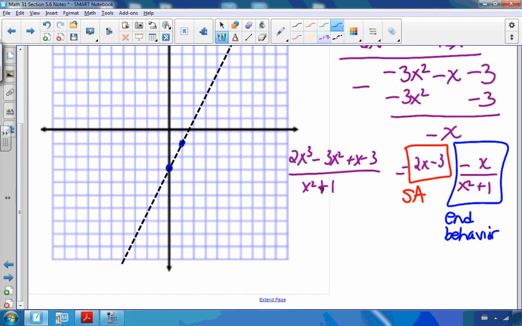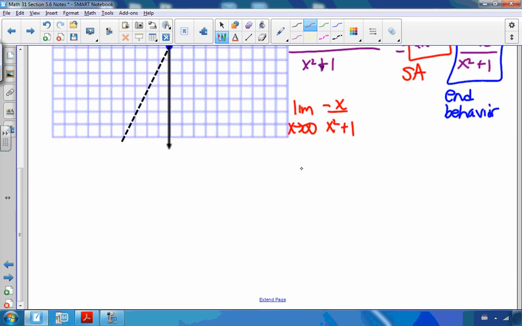Okay, so looking at the limit as x approaches positive and negative infinity. So let's look at the limit as x approaches positive infinity of the remainder, which is negative x over x squared plus 1. Okay, so again, we're looking at a big positive number. If I put in a big positive number, negative times a big positive number, all over a big positive number squared, plus 1 isn't going to really change a big number that's squared and even bigger.